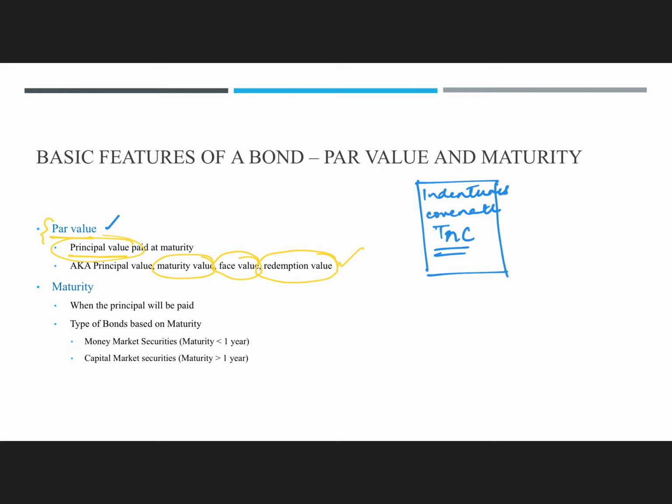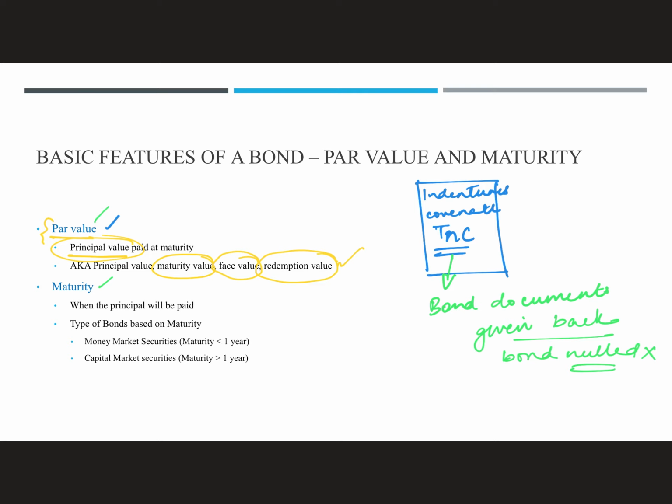Then we talked a lot about maturity. What is the maturity of a bond? So these are again mentioned in the terms and conditions of a bond document. It tells us when that principal, par value, face value would be given back, and the bond would be nulled, i.e. the bond will no longer exist.